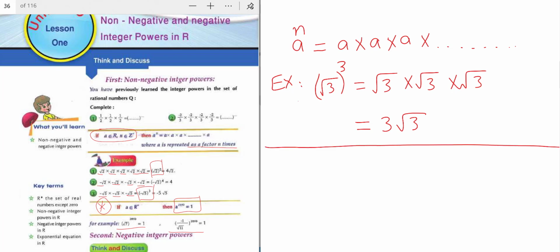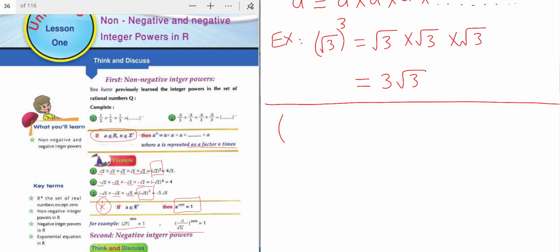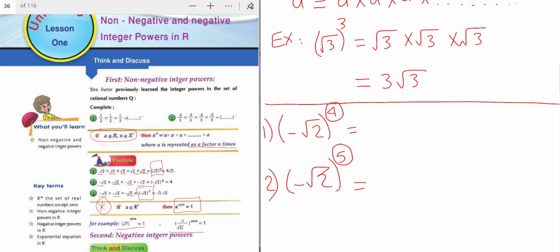Let me take and remark: negative root 2 all power 4, negative root 2 all power 5. When we have a negative real number and the power is an even number, and another example, the same negative real number but the power is odd.